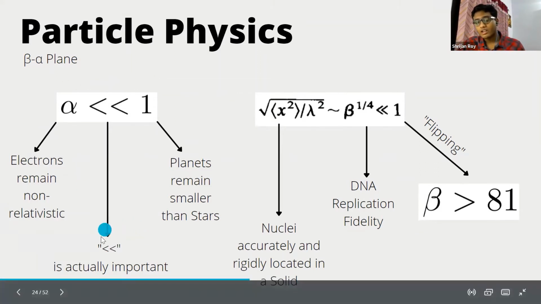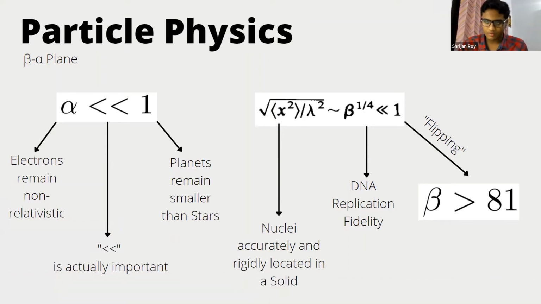And this "less than" is very important, because if we put just a less than sign of less than 1, it will come out to be equal to the strong coupling constant, and we don't necessarily want that, and I'll discuss later why we don't want that.